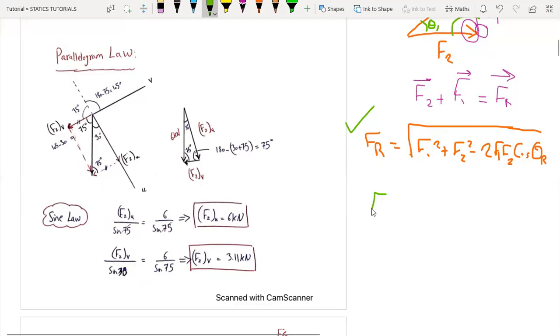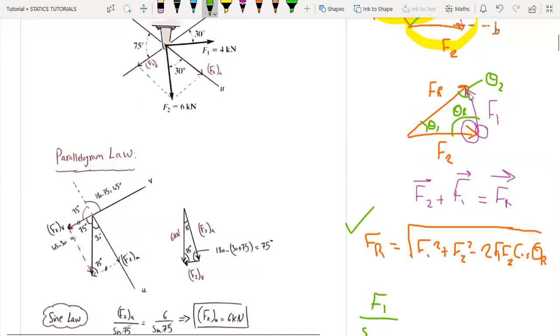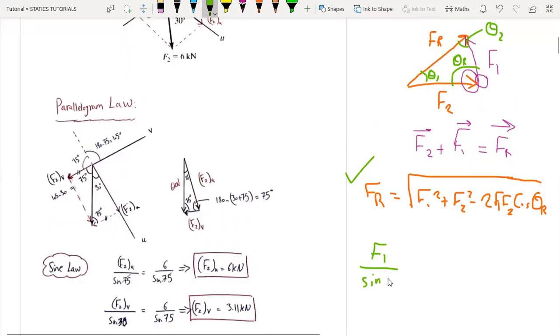So we can say F1 over sine theta 1, the angle facing F1, equals F2 over sine theta 2 equals Fr over sine theta r. So the ratio is equal, and it doesn't matter, we can also say sine theta 1 over F1 equals sine theta 2 over F2 equals sine theta r over Fr.